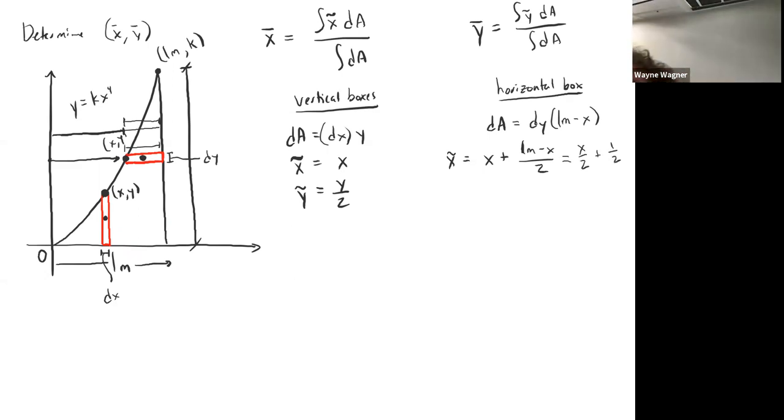Did I do my math right there? x plus a half minus x over 2. Yeah, that's right. So let's make it 1/2 x plus 1 meter. And then y tilde is just y.